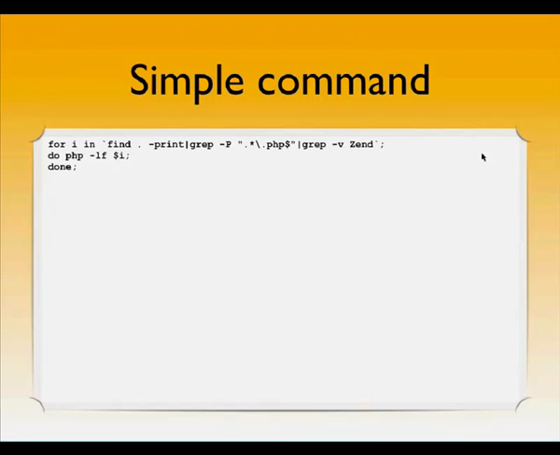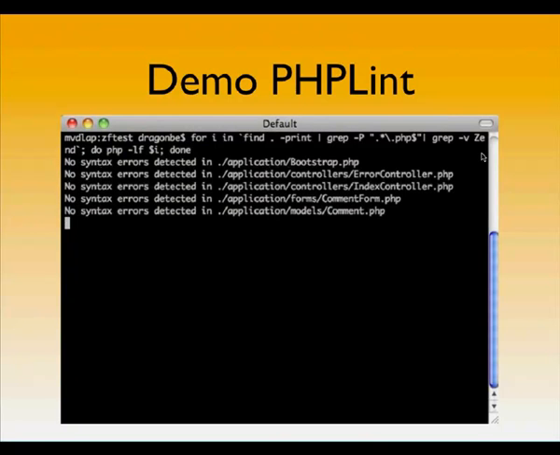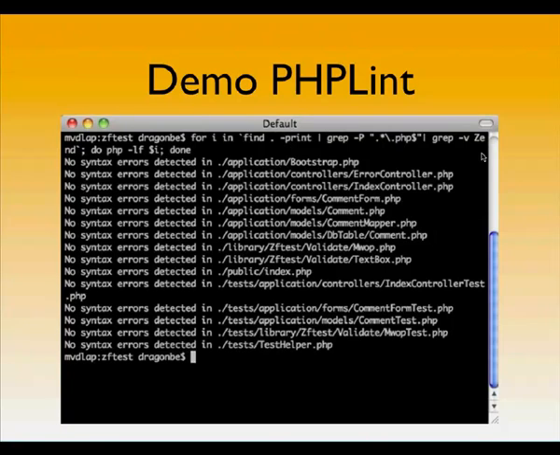So if you put this in your pre-commit hook, all you have to do is php -l and the file that you want to verify. When I run it on my command line, it goes through my directory, the PHP files, and says, hey, no errors.